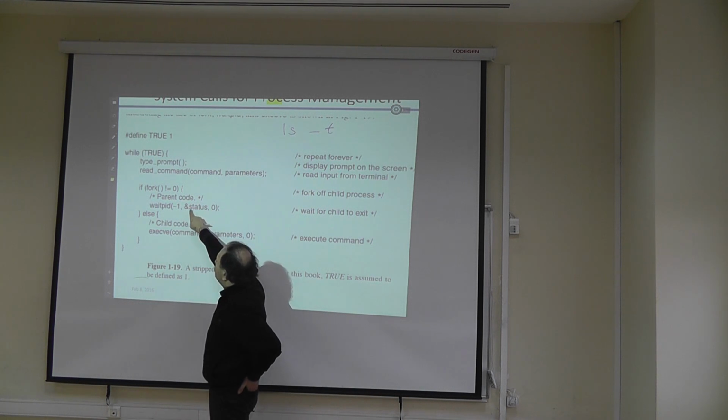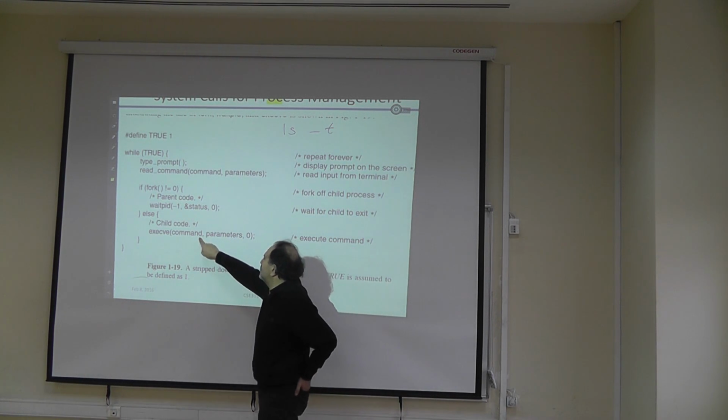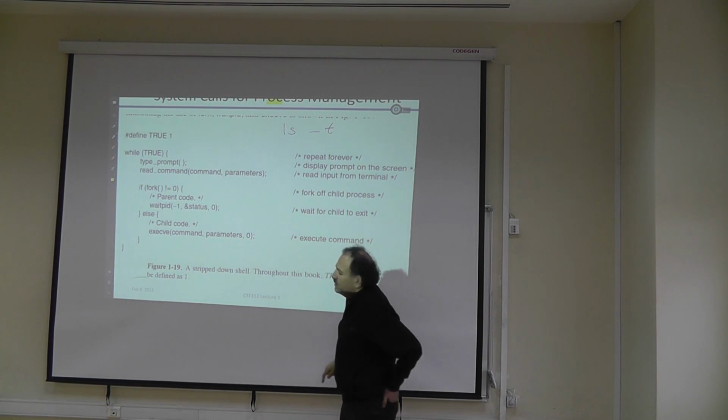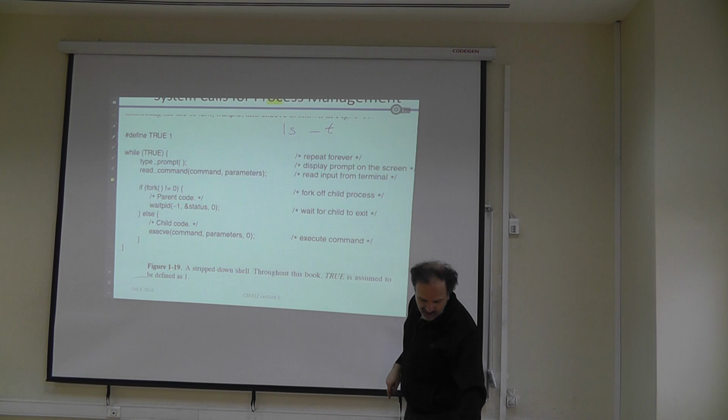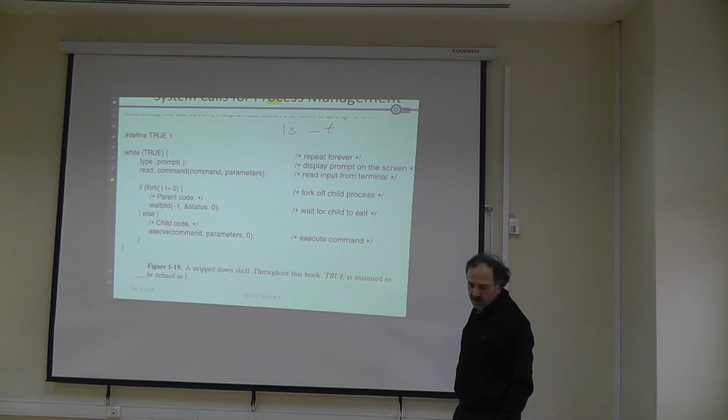So this will block until the child is done. And what is the child doing? The child is executing this command with these parameters and no options. Okay, at the end of the loop, I go back to the top of the loop.